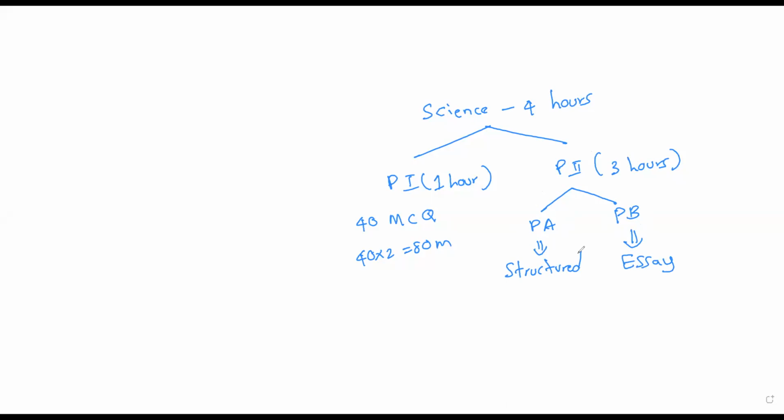Step by step, they will ask you the question. Below each question, they will provide some space. In that space only, you have to write the answer. You are going to get 4 structured essay questions. For each structured question you will get 15 marks. So altogether, you will be getting 60 marks for part A.